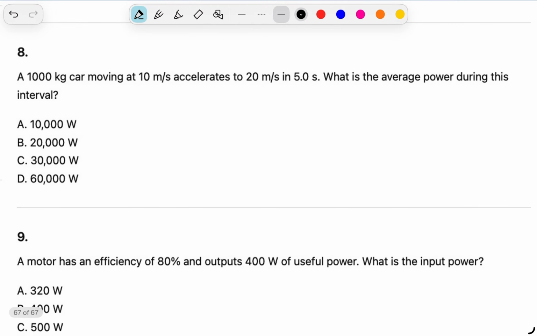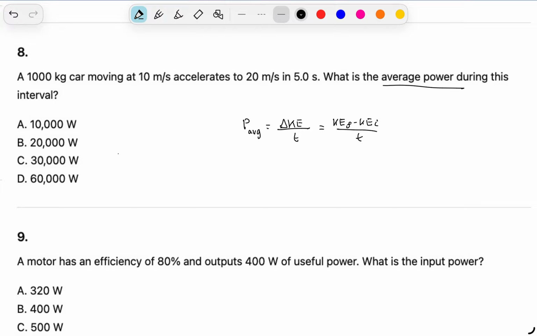A 1,000 kilogram car moving at 10 meters per second accelerates to 20 meters per second in 5 seconds. What is the average power during this interval? So when you have average power, this is equal to your change in kinetic energy over your time. So your initial kinetic energy and final kinetic energy have to be calculated, because this is going to be KE final minus KE initial over your time.